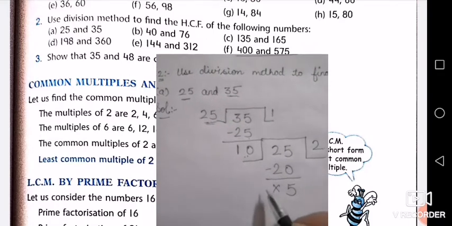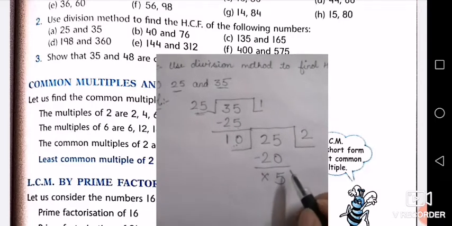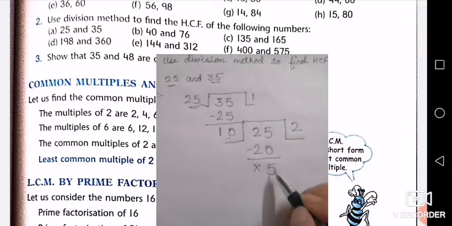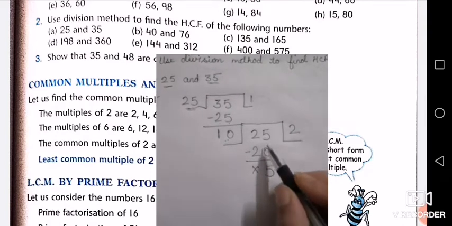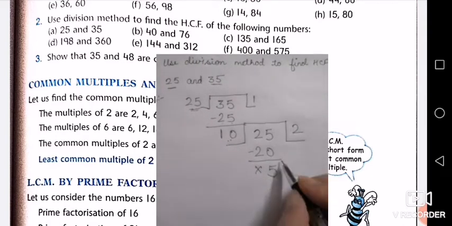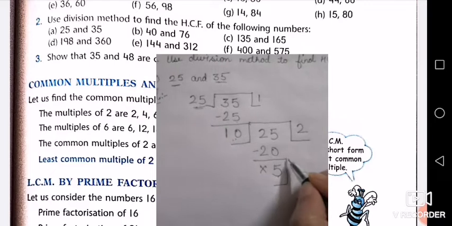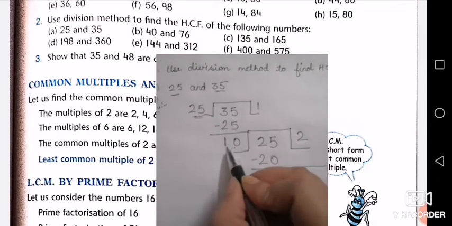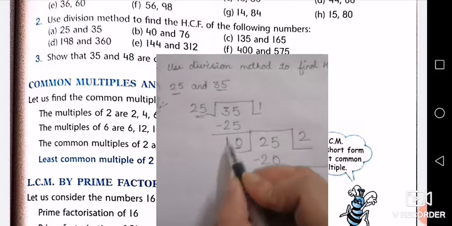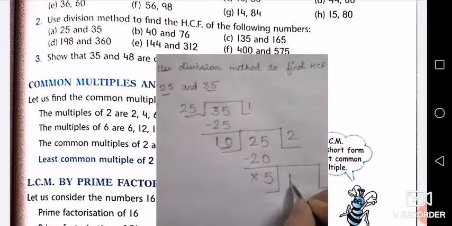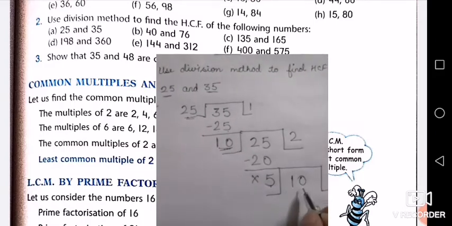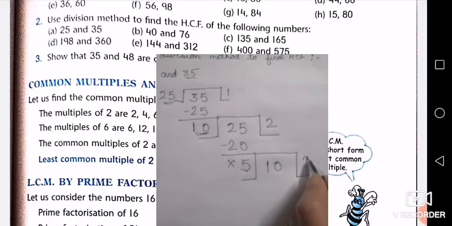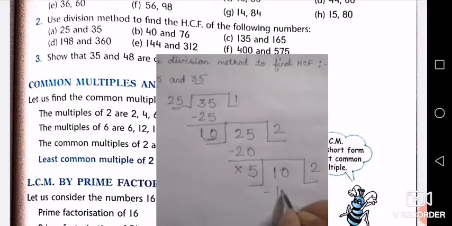Here nothing will be left. Now remember the step. The remainder in the second step will become the divisor for the third step and the divisor of the second step will become the dividend of the third step. Now it will be 5, 2 times will be 10.